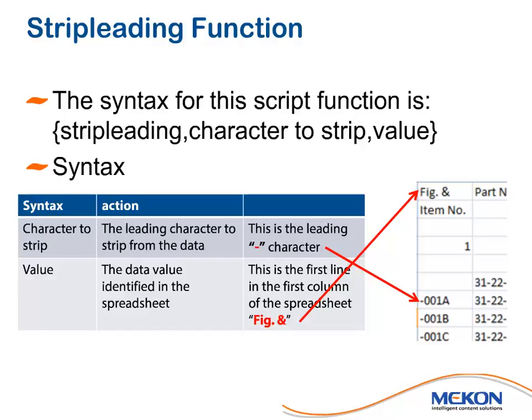So what we need to do then is to strip out that hyphen. The syntax here is the character to strip, straightforward enough, the hyphen, and the value is located in the column indicated by fig, full stop, ampersand. So that's what we do there.